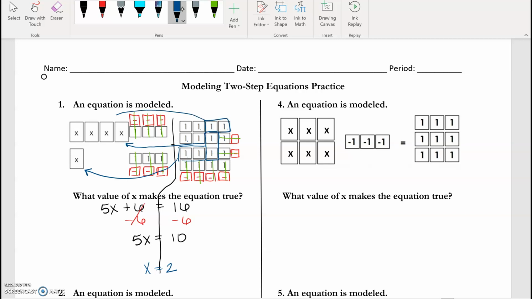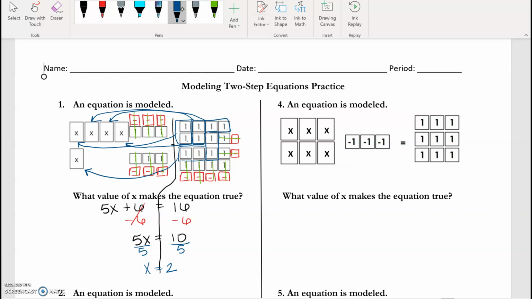I divided the 10 evenly into the 5 x's. So 10 divided by 5 is 2.